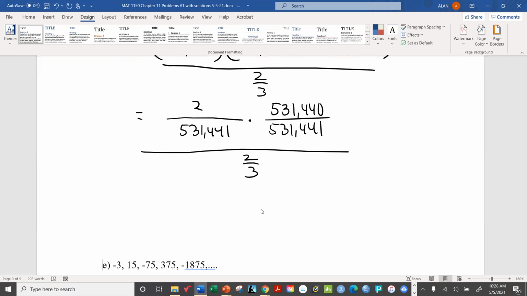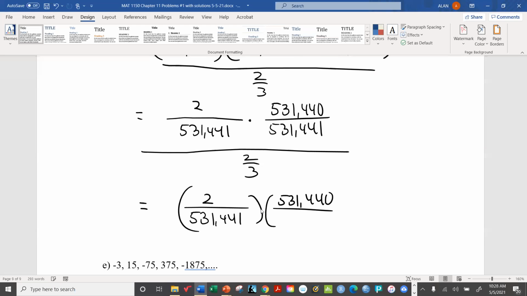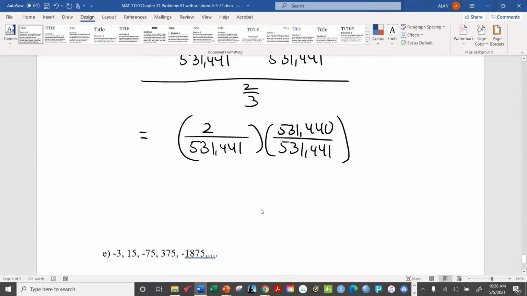Okay, there's got to be a way we can simplify this. I think there is. What I'm going to do is leave the numerator the way it is, and rewrite the denominator in terms of this 531,441. So how do I do that?